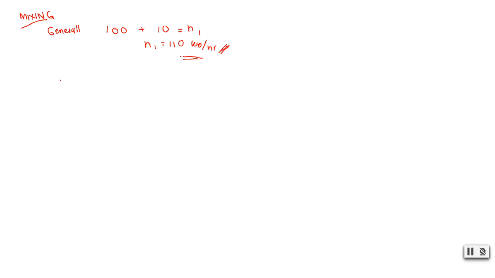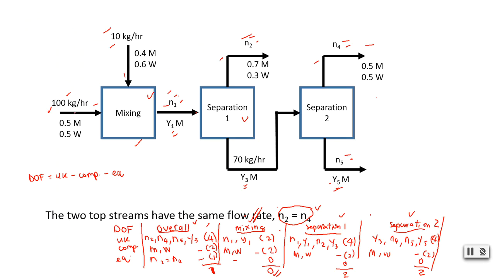Okay, and then we have the methanol balance. Besides the general balance or the overall balance, we have the methanol balance. For the methanol balance, it is 100 times 0.5, plus 10 times 0.4, equals 110 times Y1, since we already have this 110.